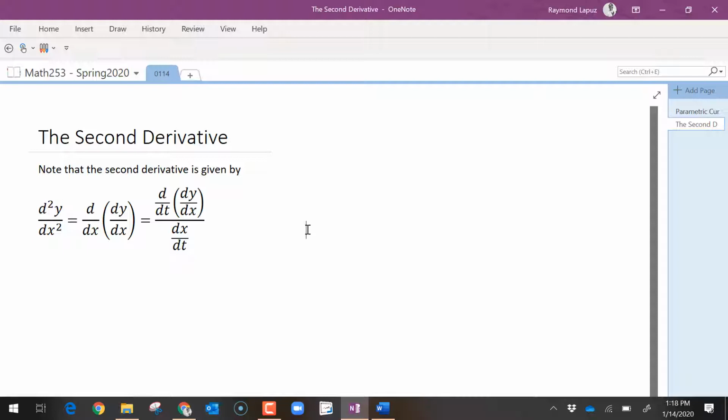At least that's what dy dx, d/dx is the second derivative with respect to x. So remember, the second derivative with respect to x describes the concavity. So if we want to describe the concavity of this parametric curve with respect to x, then it's done a little bit differently. It turns out that the derivative with respect to x of dy dx is the derivative of dy dx with respect to t divided by the derivative of x with respect to t.